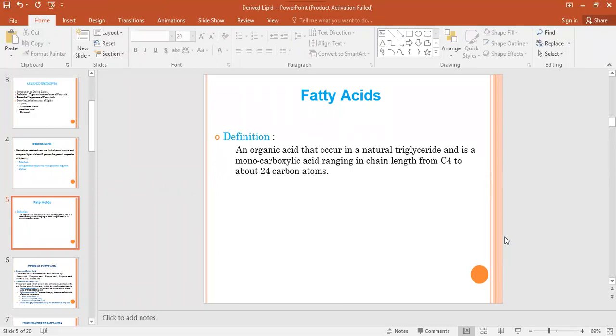Chemically, what are fatty acids? Students reply correct. Chemically, fatty acids are acidic carboxylic acids. It's a monocarboxylic acid.